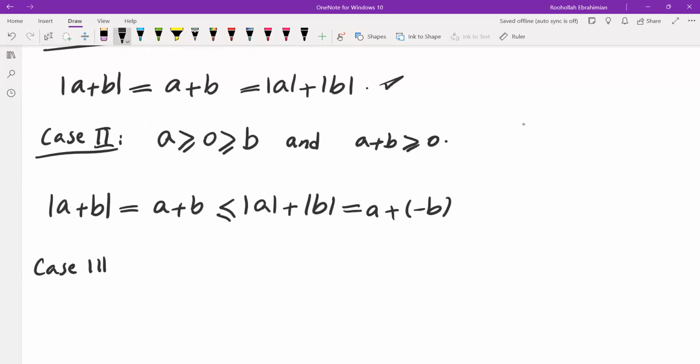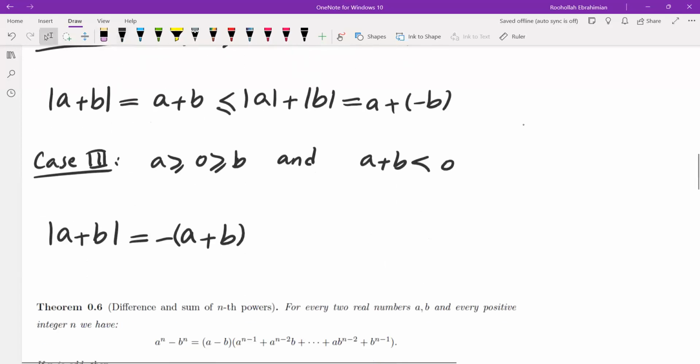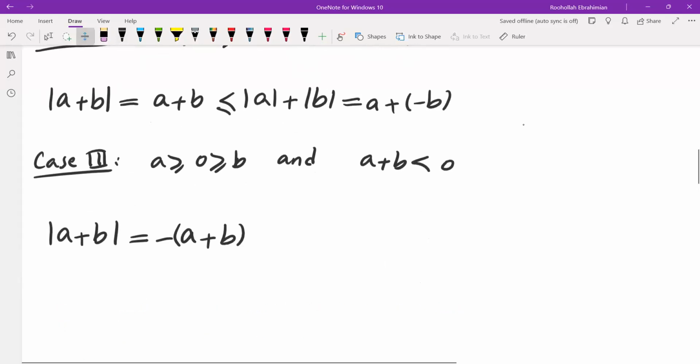The third case is if 0 is between a and b, and a plus b is negative. So if I look at a plus b, that's negative, so the absolute value is negative a minus b. And I would like to compare this one with the absolute value of a plus the absolute value of b.